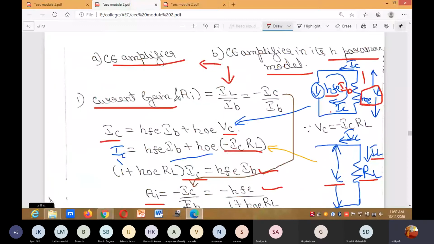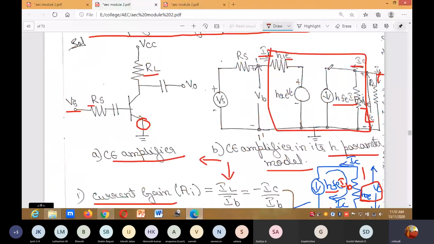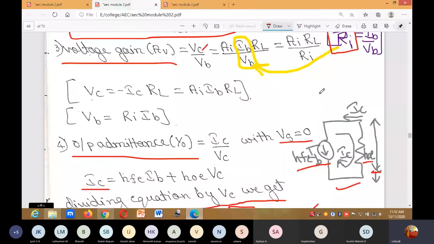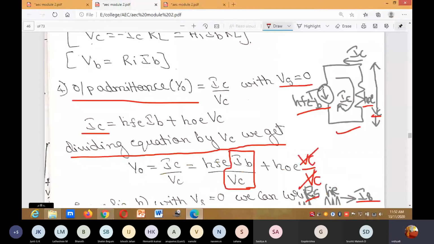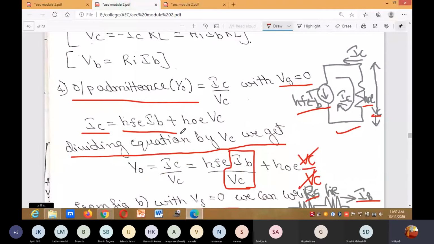We want the value of IC, so to find the IC value, we should consider the circuit and apply the loop, and we will get the equation: IC is equal to HFE into IB plus HOE into VC. Next, we need to divide by VC because we want IC divided by VC. So you will get this equation.